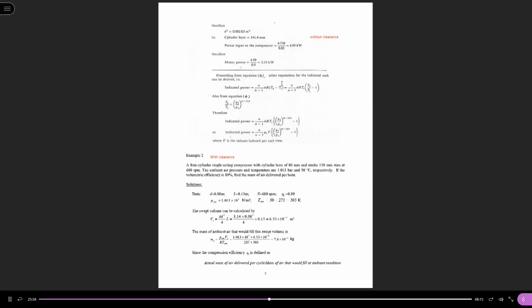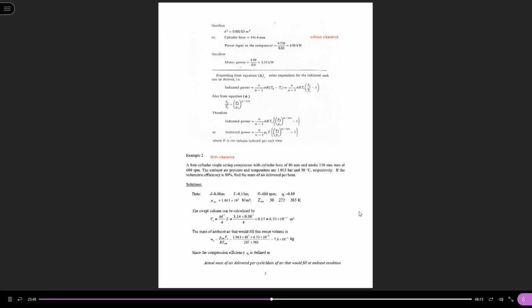Maybe we work on it together. We have to read the given condition. The first question, example number 1, is a single cylinder.